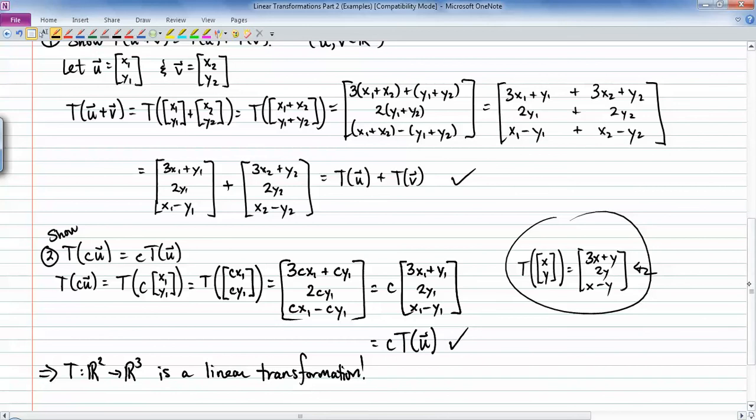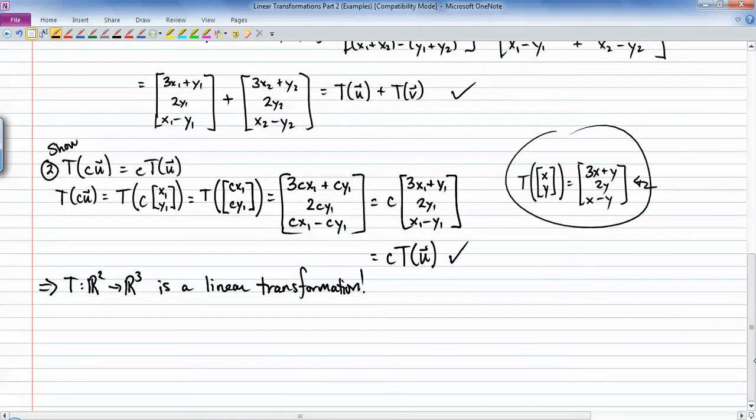Okay, so we've done example 1. Let's do example 2 also here. It's based on example 1. Remember, every linear transformation can be represented by matrix multiplication of a vector. So we should be able to come up with a matrix that represents this linear transformation.